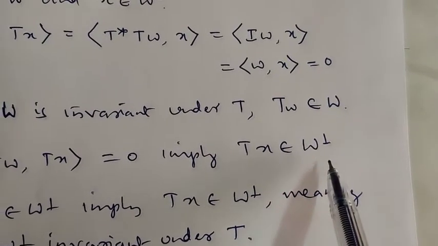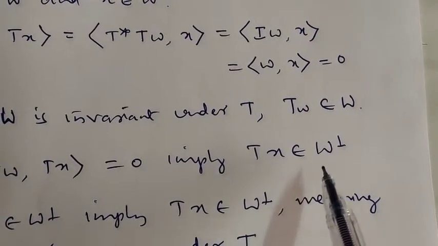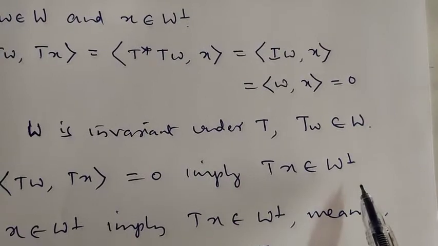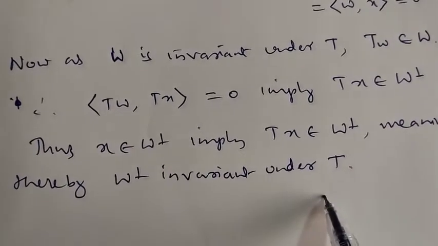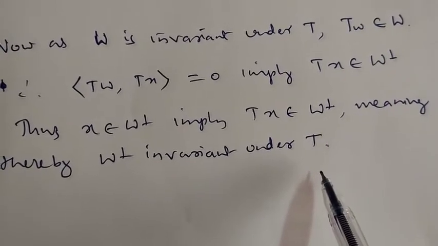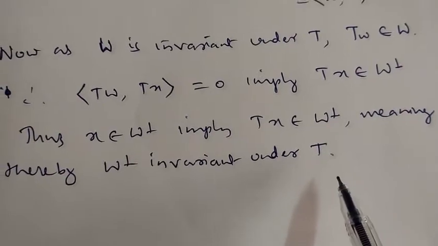So T(x) belongs to W perp. Thus, x belongs to W perp implies T(x) also belongs to W perp. Therefore, we can conclude that W perp is also invariant under T. If W is invariant under T, then the orthogonal complement of W, that is W perpendicular, is also invariant under T.